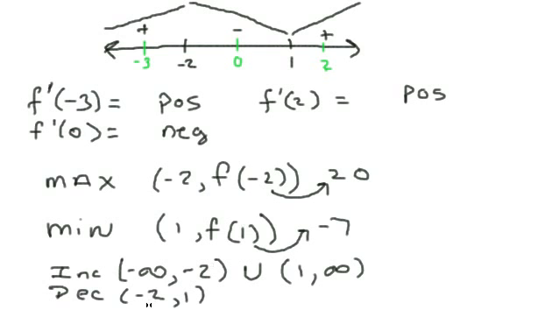And that's it, decreasing from -2 to 1. Okay? Alright, let's hit another one. I don't know, did we graph this? I can't remember if we did or not, but graph it and check it out for yourself.